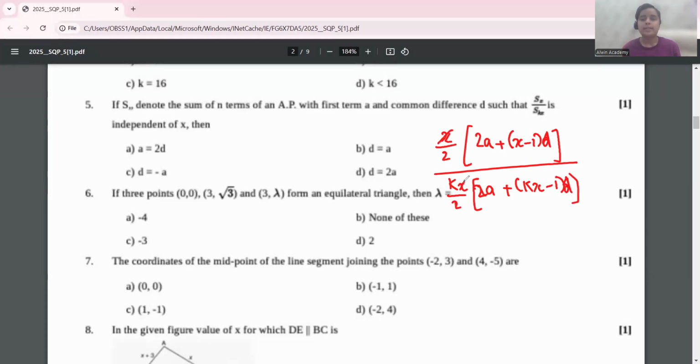Now x gets cancelled, 2 gets cancelled. We're left with this particular expression.